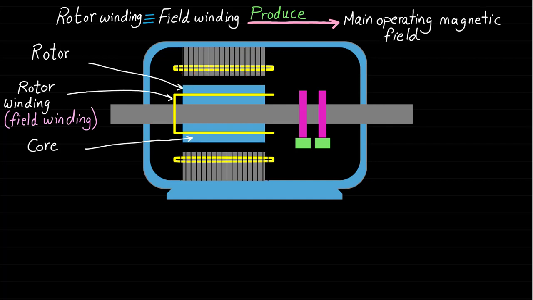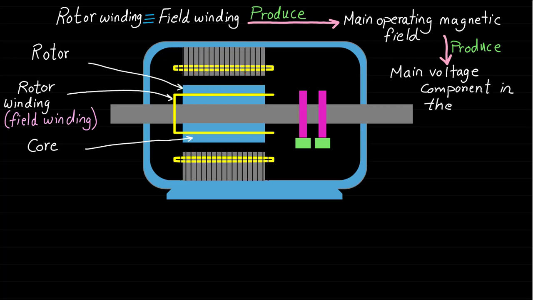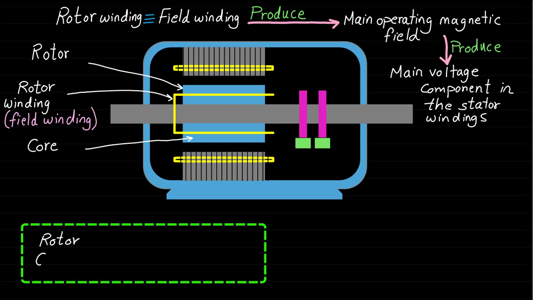We will learn later that this rotor main magnetic field will produce the main voltage component in the stator winding of the synchronous machine. The combination of the rotor core and the rotor winding can be called the field system.